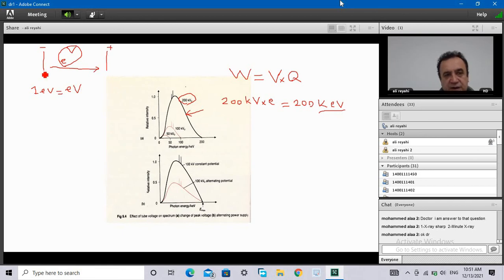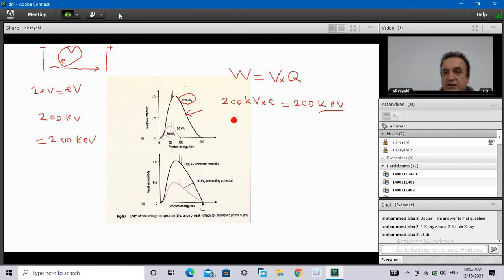So if the voltage between anode and cathode is 200 kilovolt, it is very simple that the energy of electron here is 200 kilo electron volt.